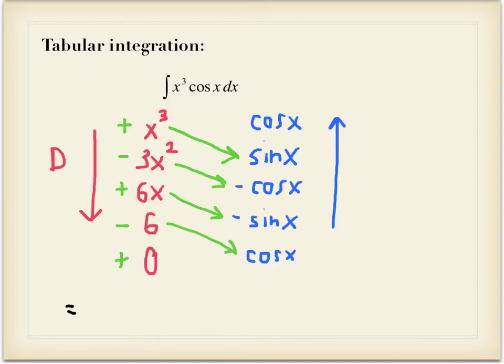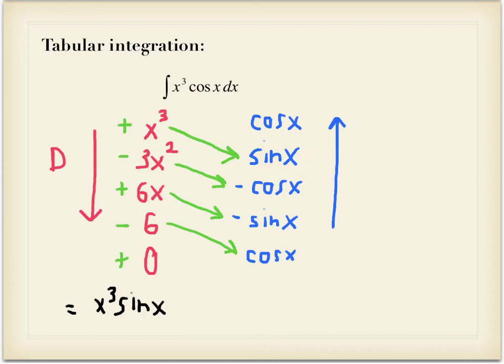So I start out with plus. I start out with this one right here, so it's going to be x cubed times the sine of x. Again, that came from just starting here and doing this multiplication following the sign out in front. Okay, next one here.